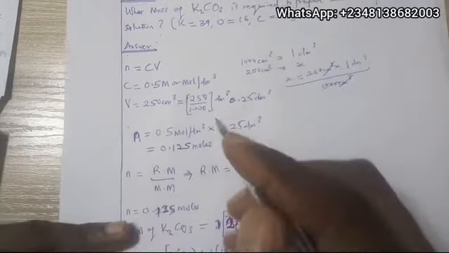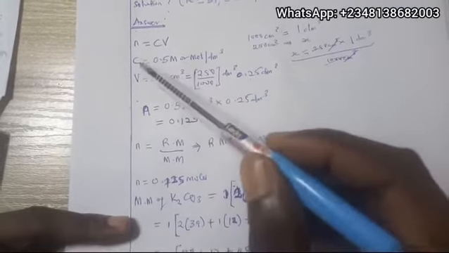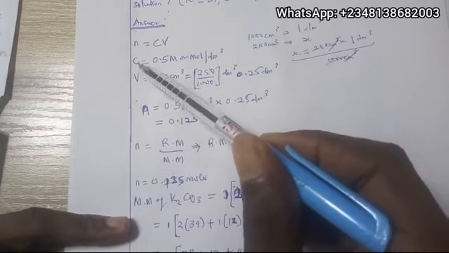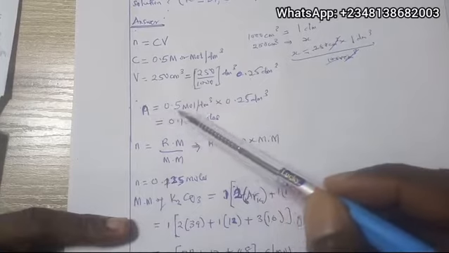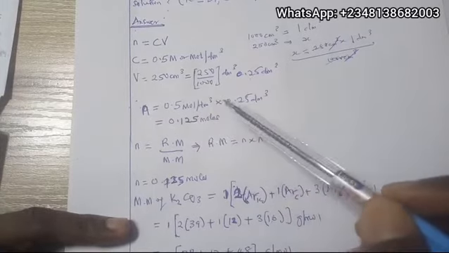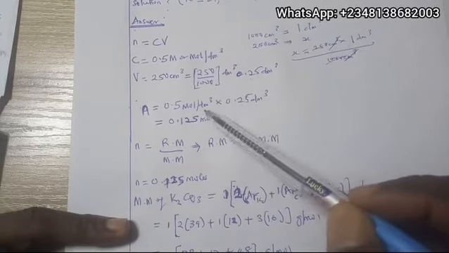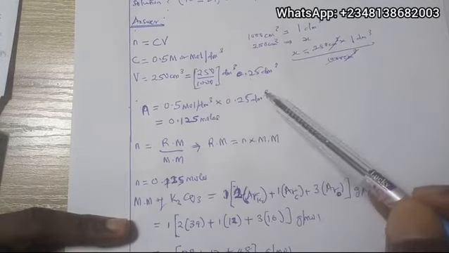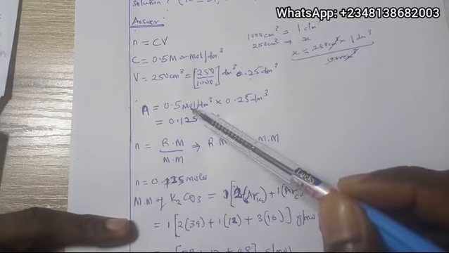All right, let's continue. Having seen the values of C and V, let us now calculate the value of n. n is now 0.5 mole per dm³ times 0.25 dm³. Remember, this is per dm³, so dm³ will cancel dm³. The unit left is moles.